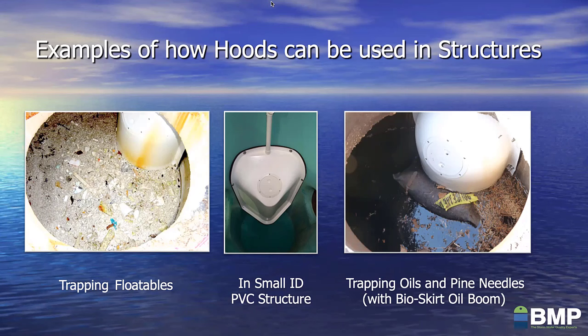The NP series of snouts can be used in these smaller ID structures to trap floatable debris, oil, and other surface pollutants. In the picture on the right, you can see a snout with a bioskirt. It's employed in this application to trap oils and natural pollutants that are floating on the surface, like pine needles.